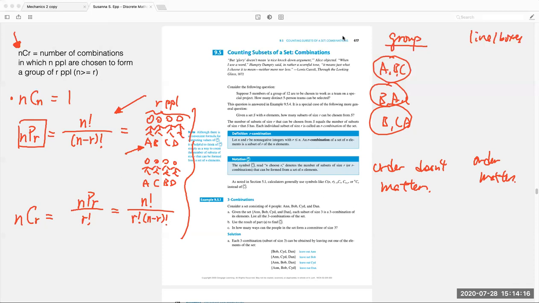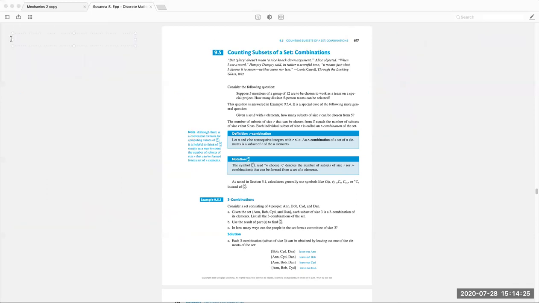Then let's have a look at another definition that you may already be familiar with. This is about the binomial expansion. I think you've seen NCR in binomial expansion, is it? Yeah.